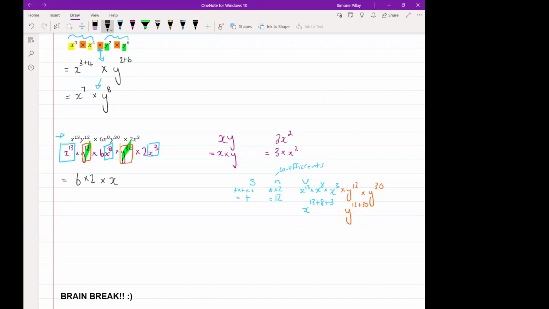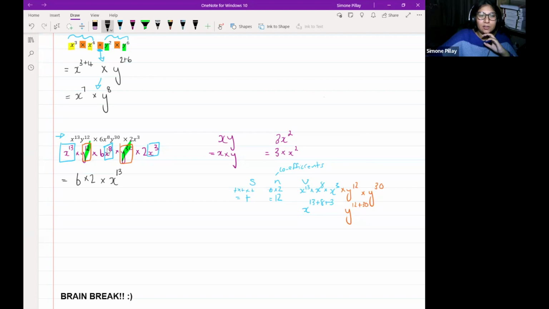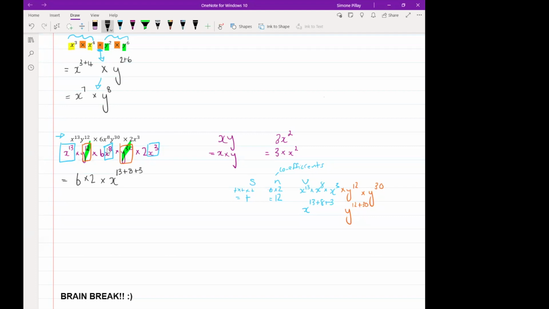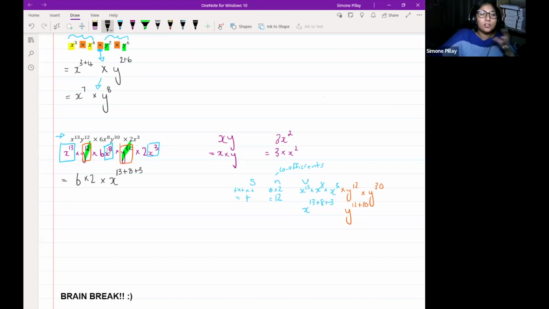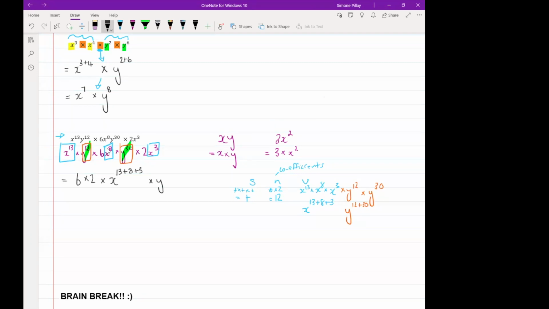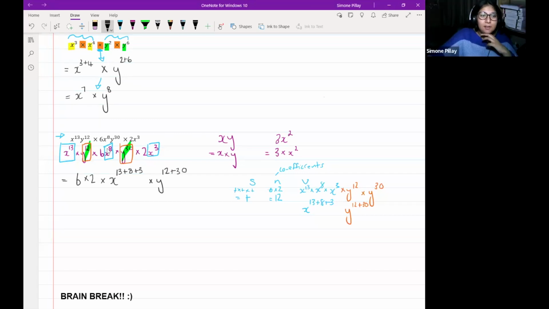It'd be 24. Oh, you're adding them up for me already? Okay, great. Let's do the addition first. And what are the exponents I'm adding for my y's? It'd be 12 plus 30. 12 plus 30. And in my final step, let's add everything up.